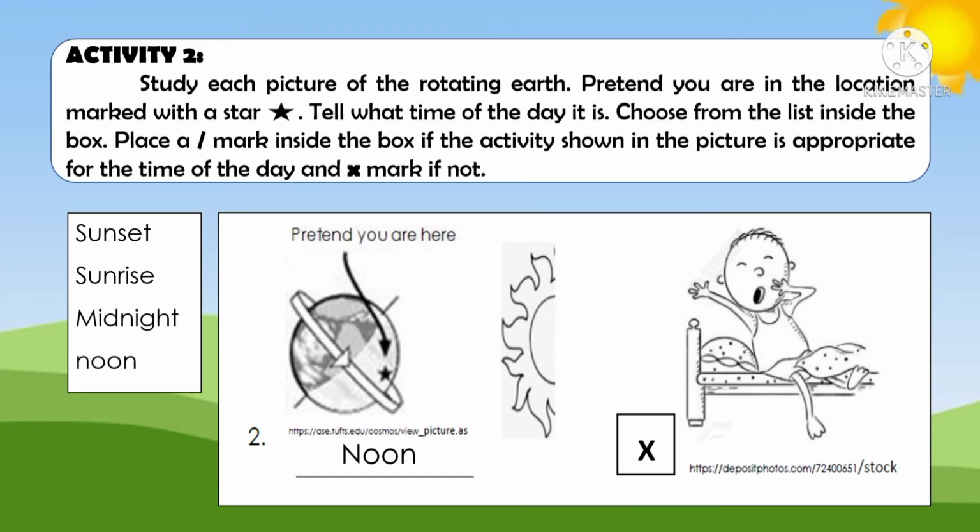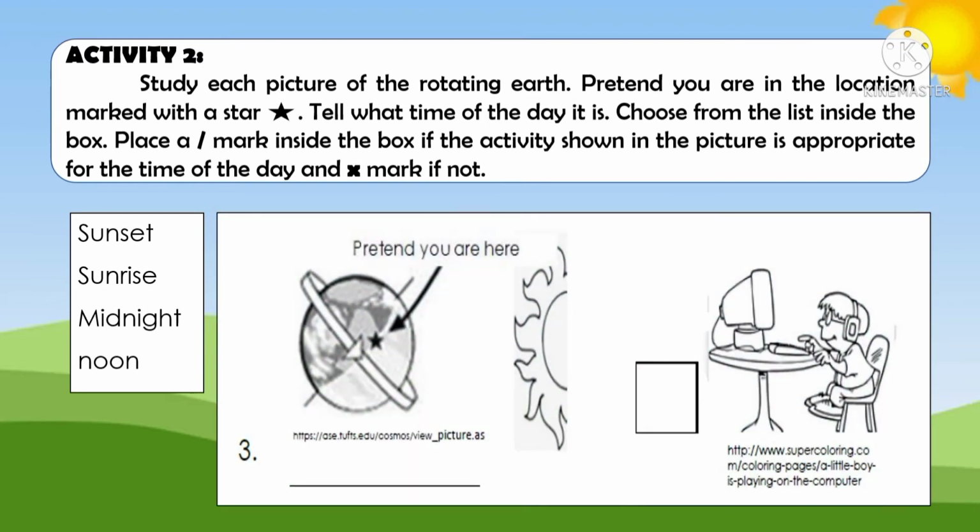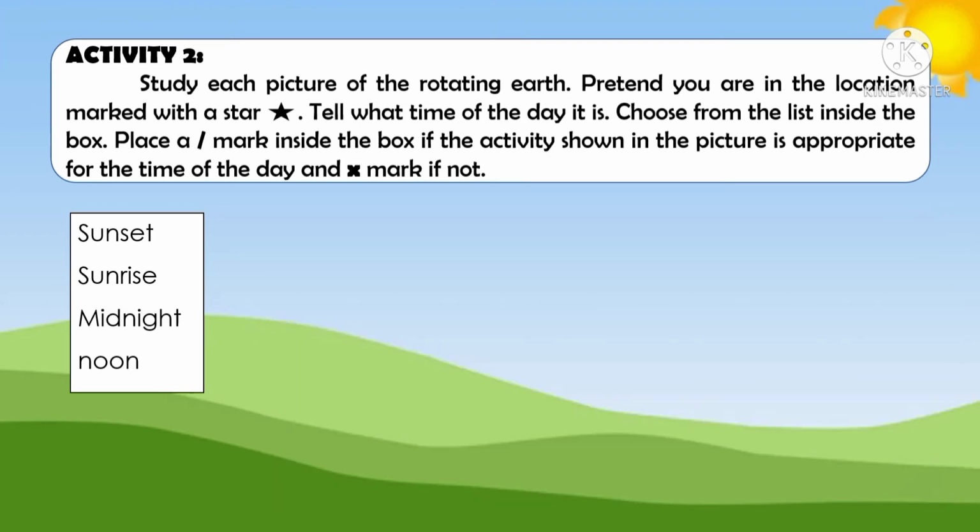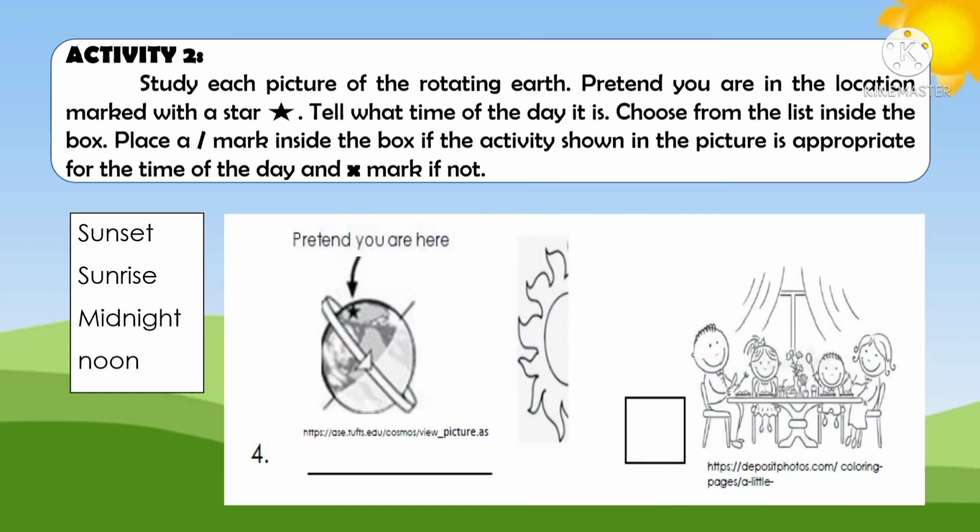X. 3, the answer is sunset. X. And for number 4, midnight. X.